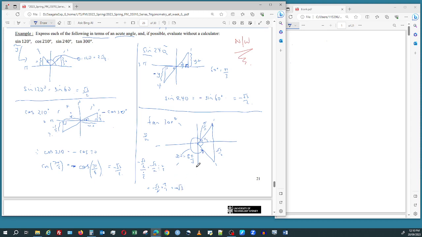Now for the other one, the rise over the run is root 3 over 2 over half, but it's positive. So it's okay for us to use the tan of the small angle, tan of 60 degrees. It's just that we need to minus it. So tan 300 is equal to minus tan 60, and it's minus root 3. So you can check your 60 degrees for that.